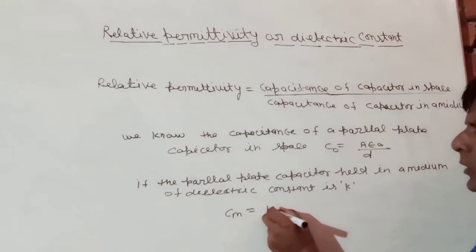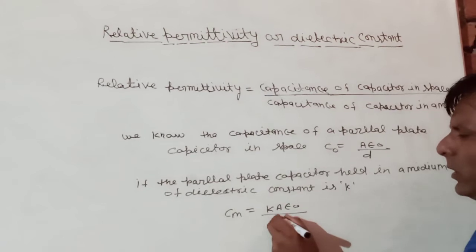Cm is equal to K into A into epsilon naught upon d. This is equation 2.